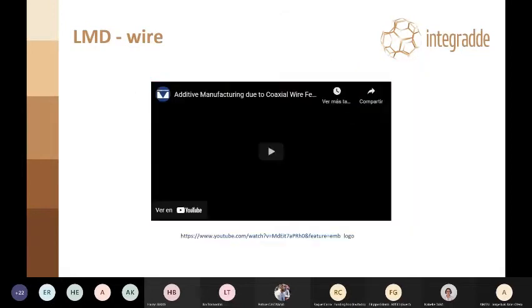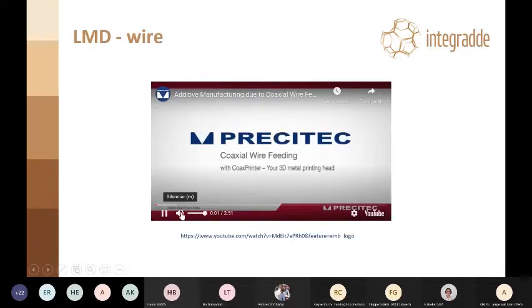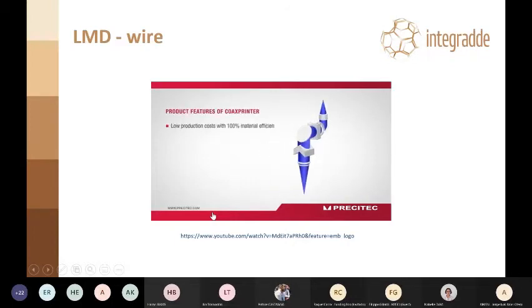To solve this, there are several systems, two or three systems that can feed this wire coaxially to the laser. For example, this system from Precitec that is being used in Integrade by one of the research centers, IDEPA in France.